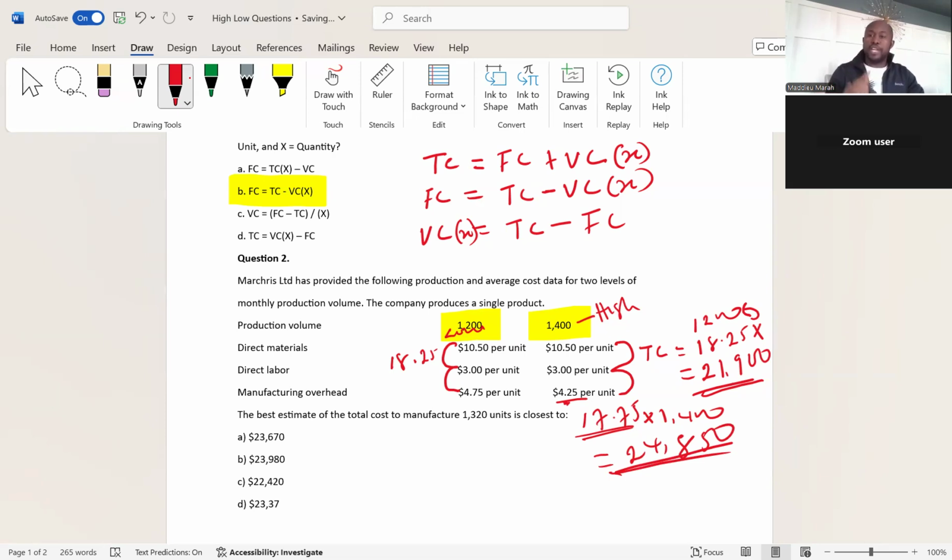Okay. Now let's go to our normal calculation. What's our variable cost per unit? We set our table to be high and low. Our high activity production level is 1,400 and the cost is 24,850. Our low activity is 1,200 and the cost is 21,900. Deduct here.